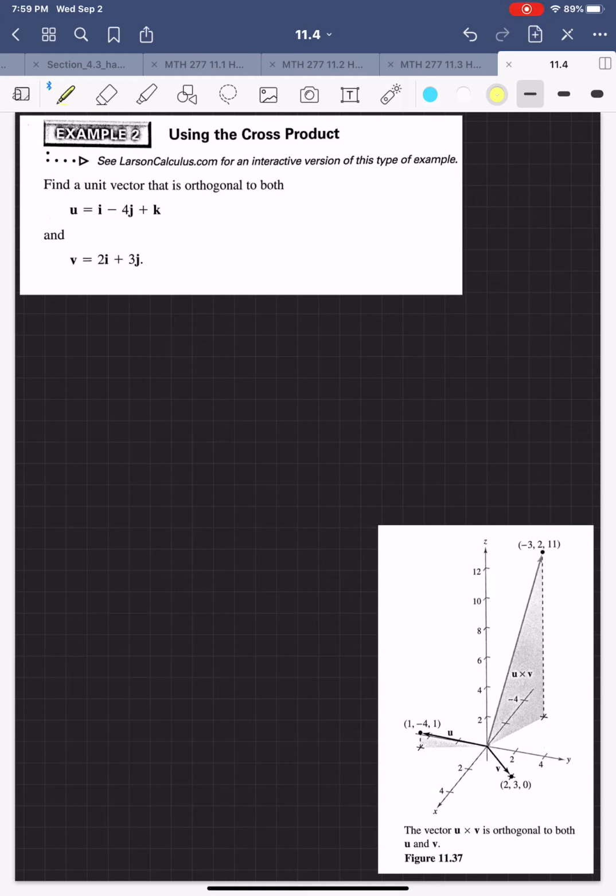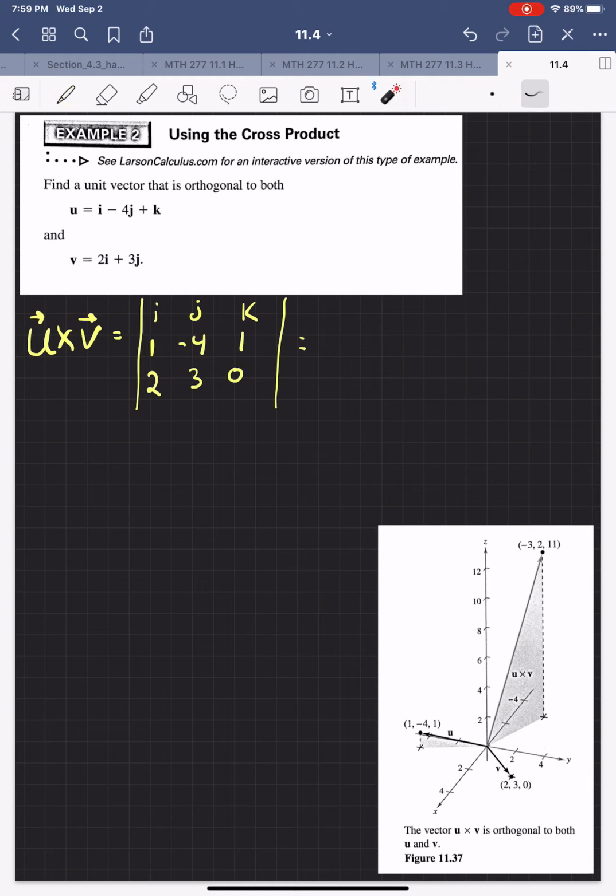All right, so let's go ahead and set up the cross product for u and v. Now, the way I like to set it up looks like this. All right, and let's proceed.